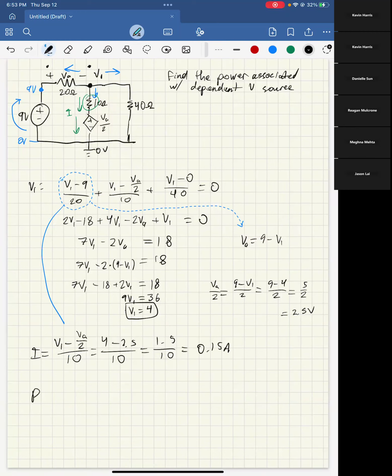So the power of the source is equal to IV, which is 0.15 times 2.5. Let me plug that into a calculator real quick. Okay, 0.375 watts. That would be your final answer for that.